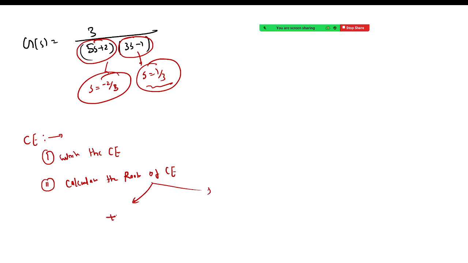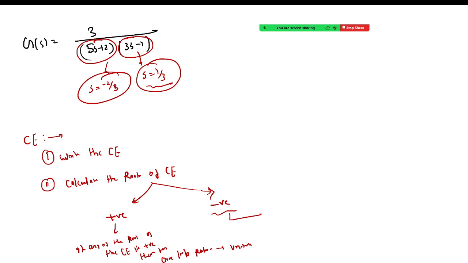So if roots are positive, if roots are negative: if any of the roots of the characteristic equation is positive, then the closed loop response is unstable.